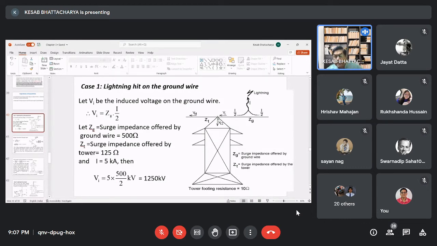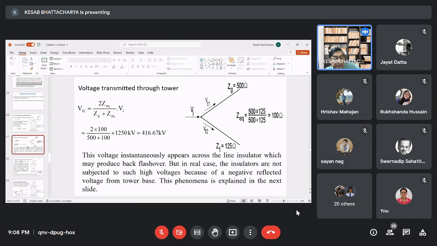It meets two parallel paths having different surge impedances: one along the line, and the other through the body of the tower to ground. It has a different surge impedance than that of the line. Therefore, we arrive at a situation like this.